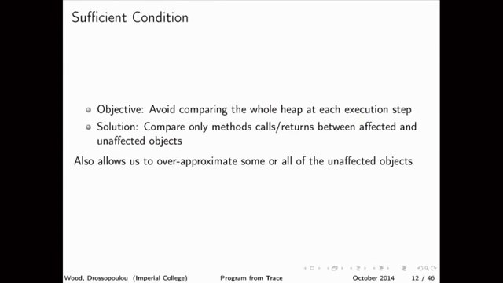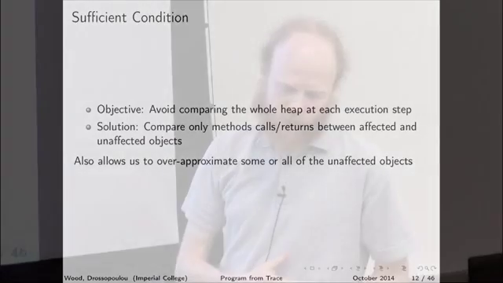So what we didn't want to do was have to precisely execute both versions of the program, and at every pair of states try and decide if they correspond or not. So what we're going to do is only compare the method calls between these allegedly affected and unaffected objects.